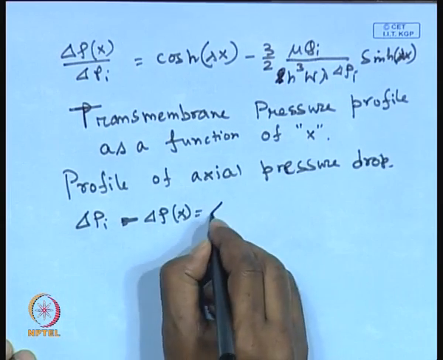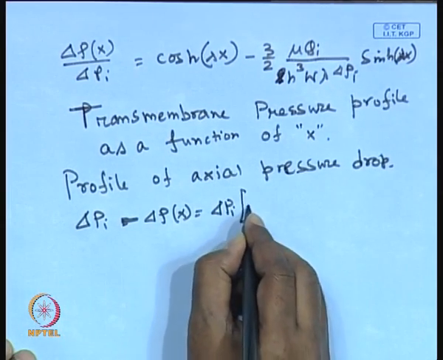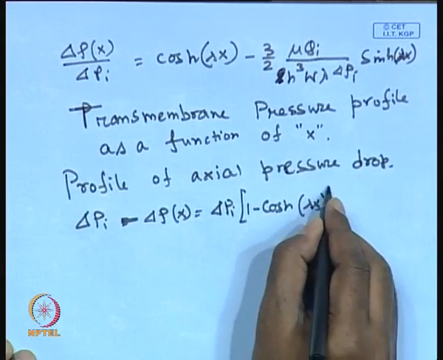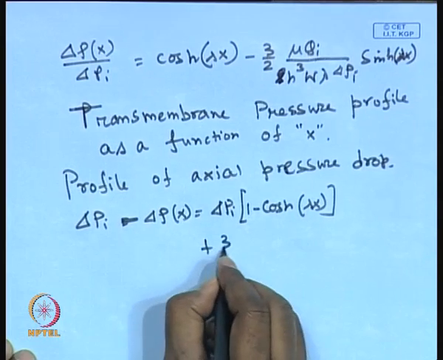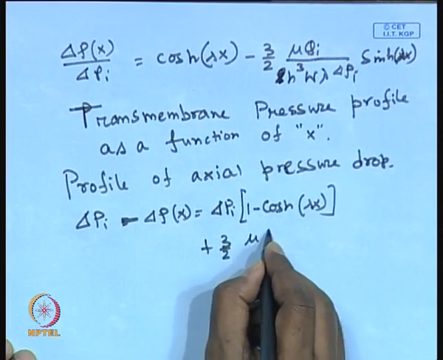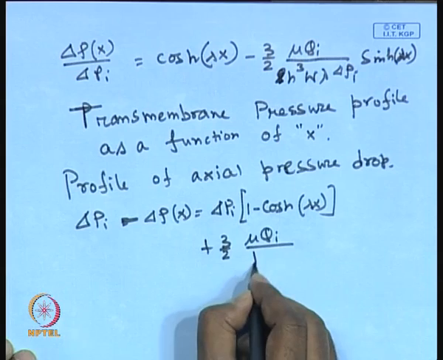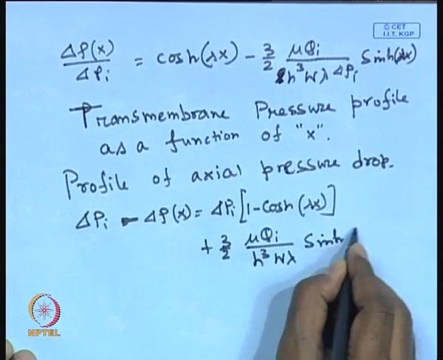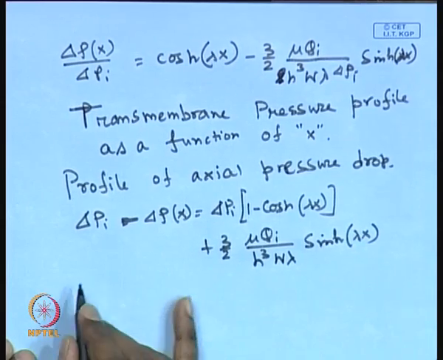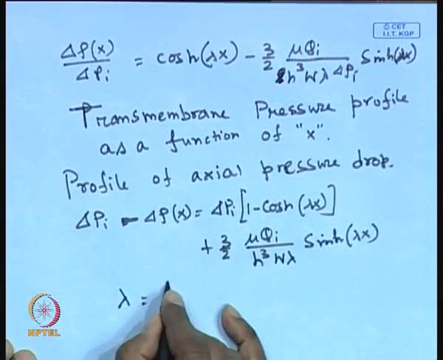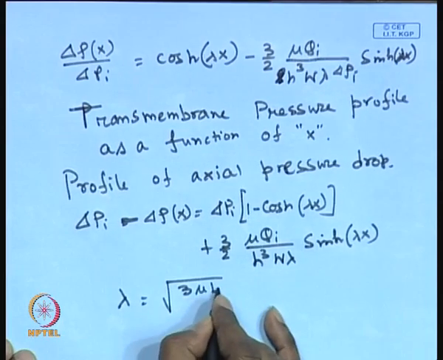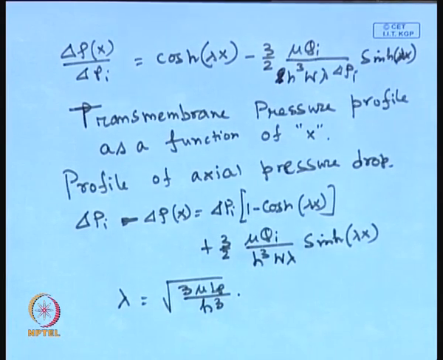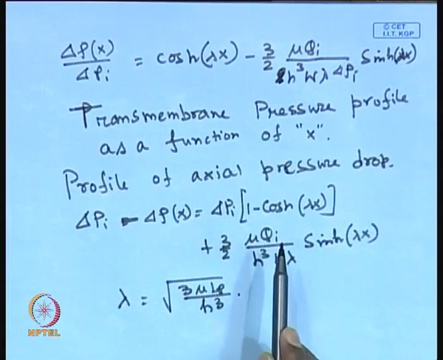This becomes delta p I times 1 minus cosh lambda x plus 3 mu q I divided by 2 h cube w lambda sinh lambda x, where the parameter lambda is given by under root 3 mu Lp divided by h cube. So, this expression gives the profiles of axial pressure drop.